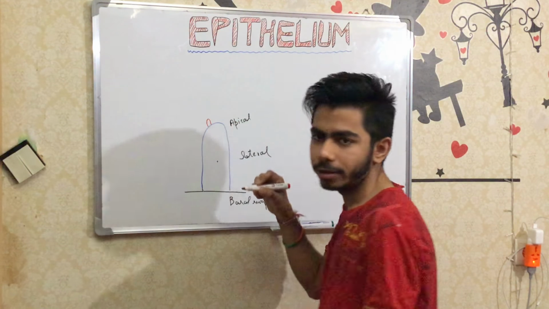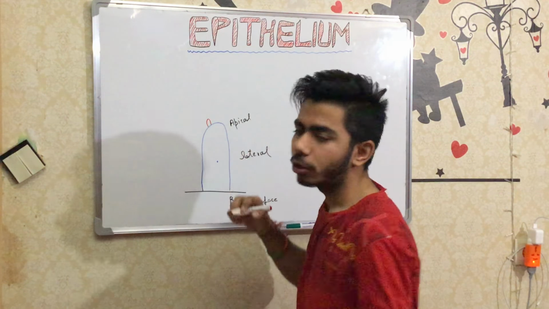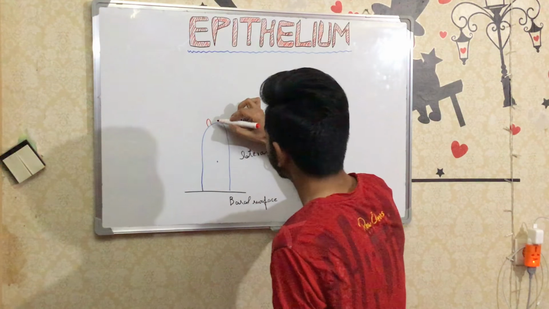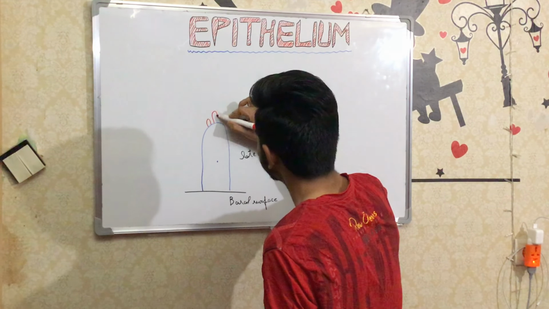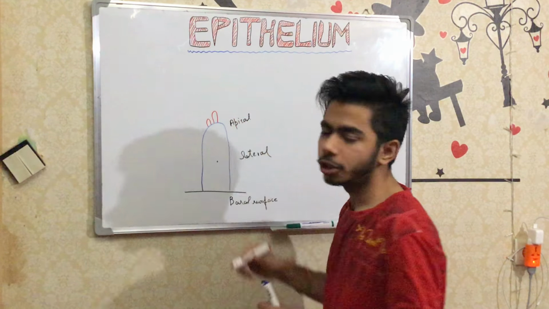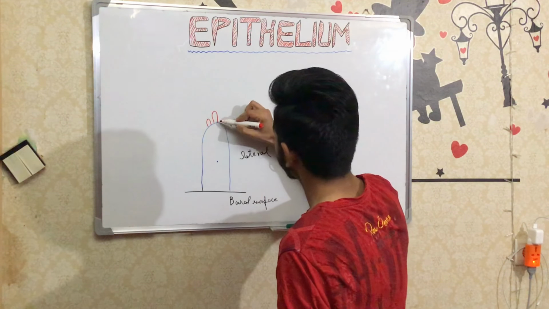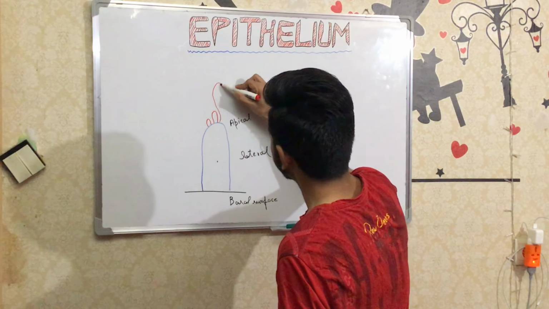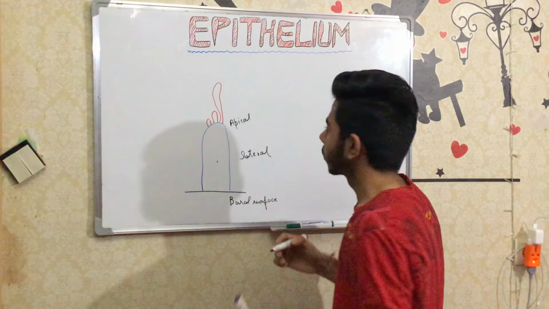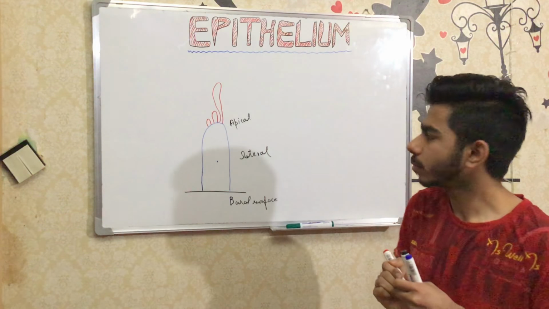This I have drawn here. This is the microvilli, somewhat bigger, this is the stereocilia, and this one is the cilia.